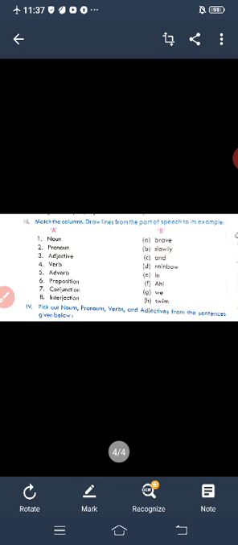And then match the columns: draw lines from the part of speech to its example. You have to match from column A to B. Okay, noun, you have to write in front what is noun, pronoun, based on this poem, dear students.